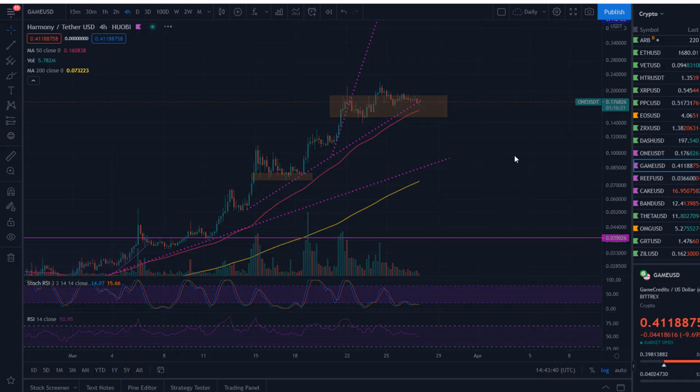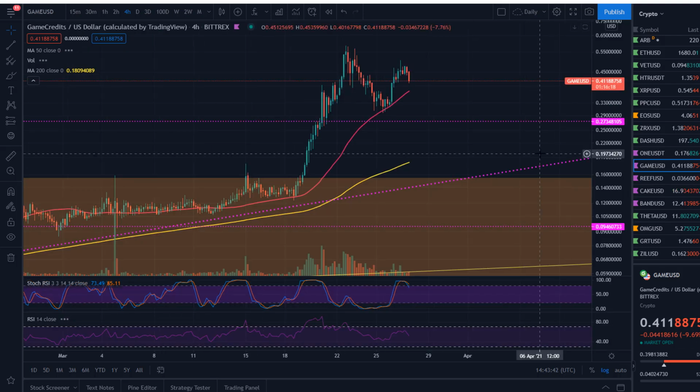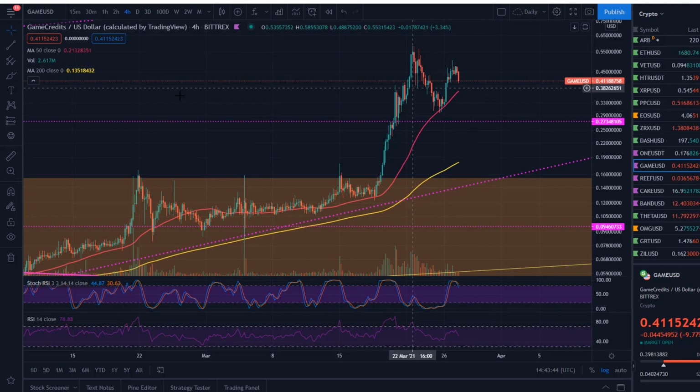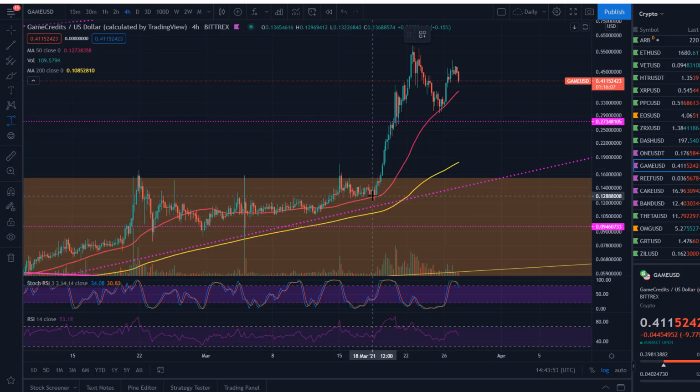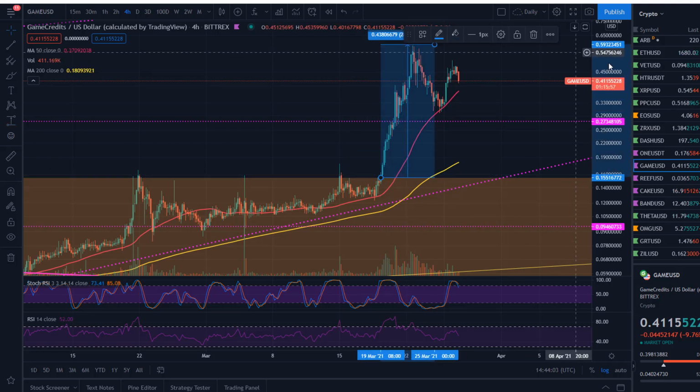Game, a lot of people were kind of freaked out about Game there for a while. It pulled back a lot. Just got to remember this thing, and I'll actually get my proper price range tool. So this thing was in a zone, right? And for me, 15.5 cents was a breakout of a range. So it broke out of that range, and what did it offer us?